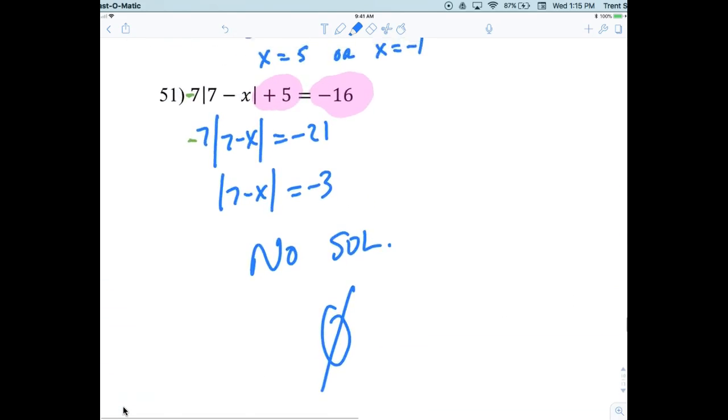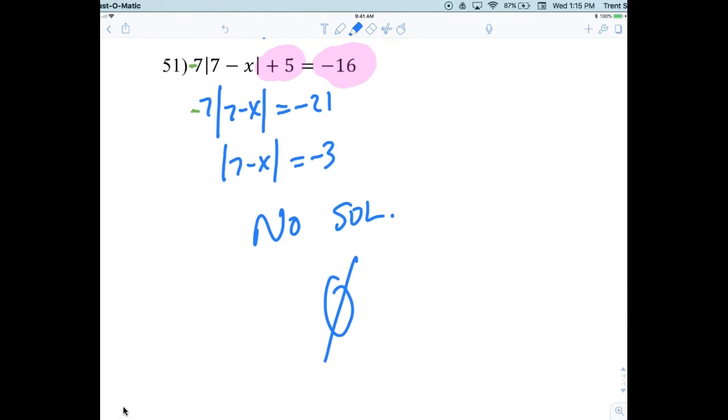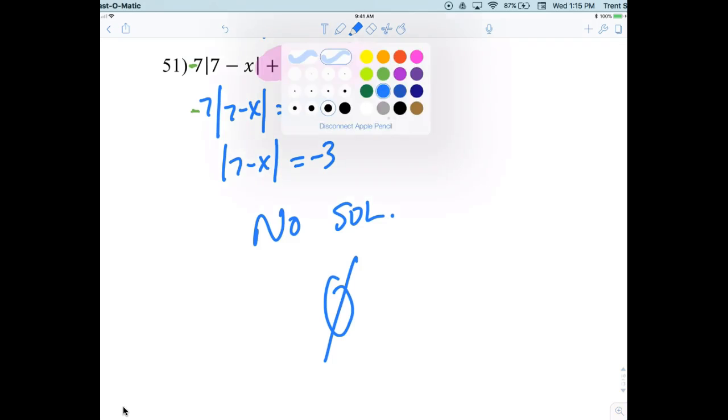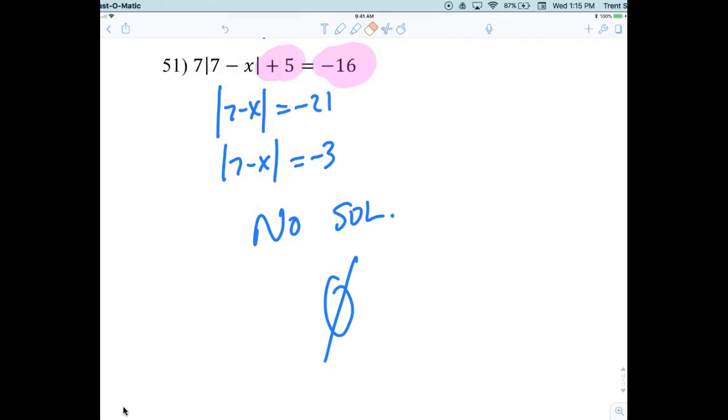Oh, and 51 was a nice problem. The reason 51 was a nice problem is because when you isolate, your absolute value ends up being set equal to a what? Negative. Listen now, make sure you hear me.